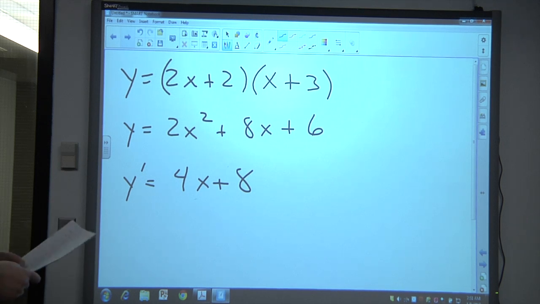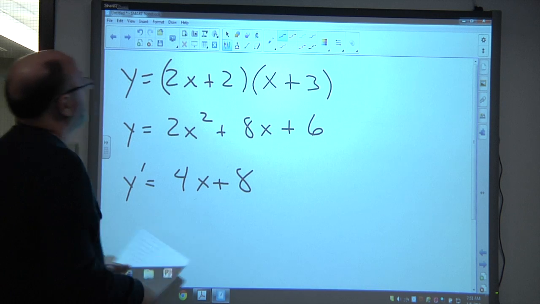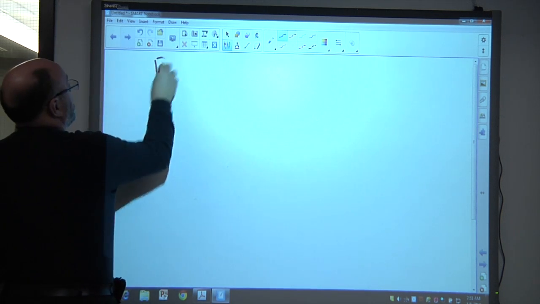Well, we now get to the various rules they have. One of the rules is what they call the product rule. So we have the product rule.